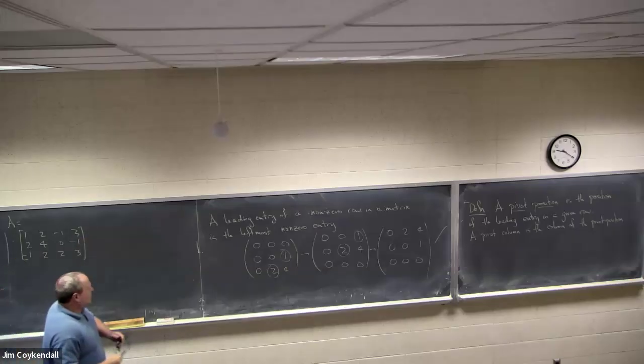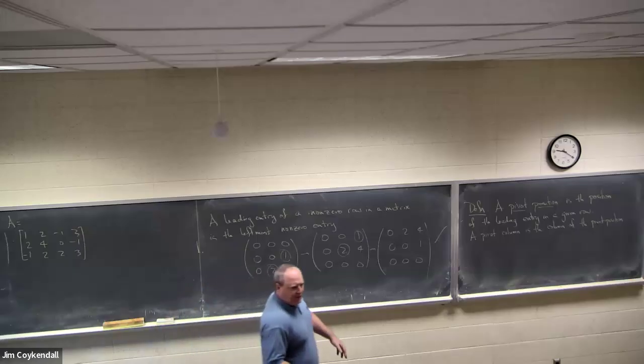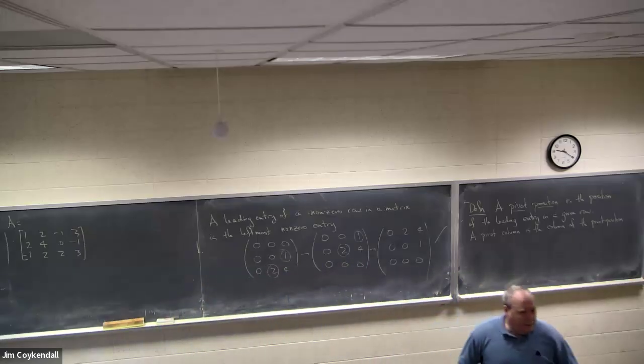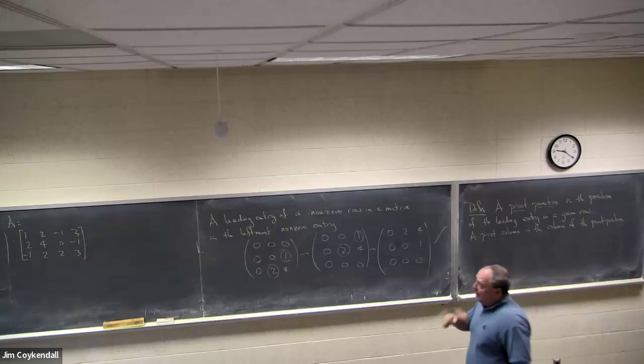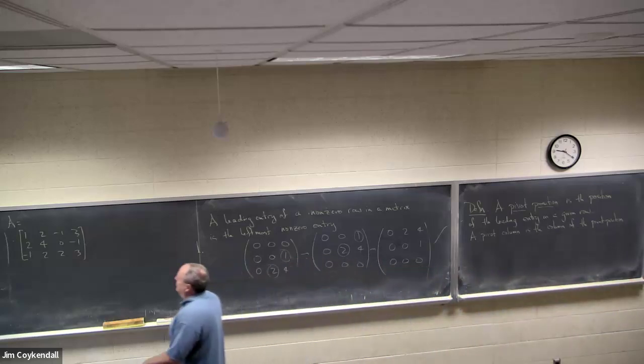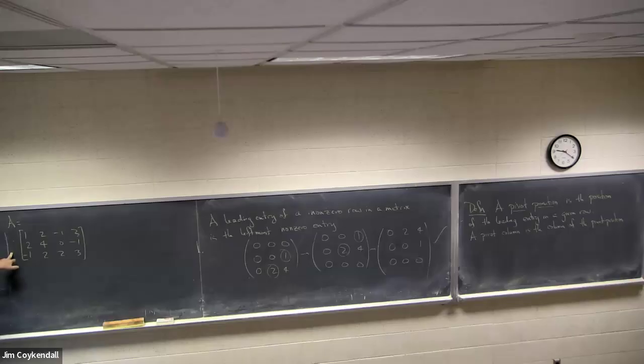Now, what are the pivot positions? I don't know yet, but I will after I reduce it down. Let's reduce this down to row reduced echelon form, and we'll take apart what the pivots are and so forth.